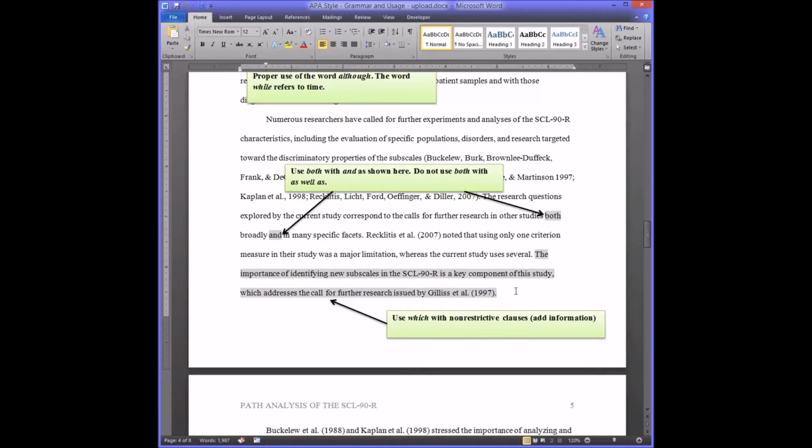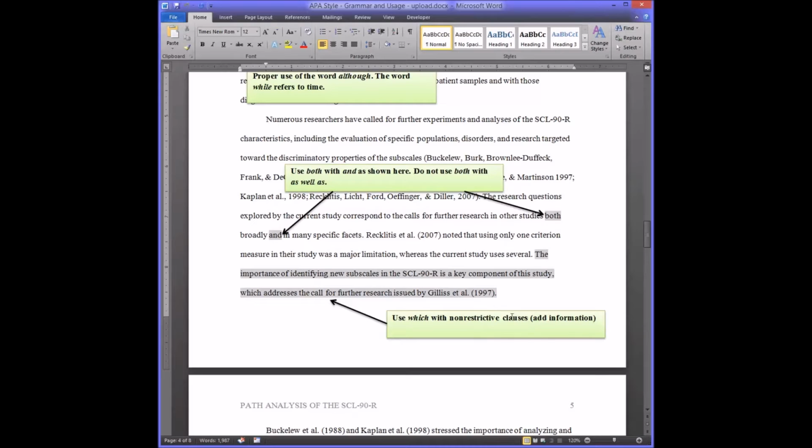A good habit to get into, and this is actually recommended in the publication manual, is to always use that with restrictive clauses and always use which with non-restrictive clauses. Which is preceded by a comma. Now, again, in regular grammar, it doesn't have to be, but in APA style it's recommended that it is.